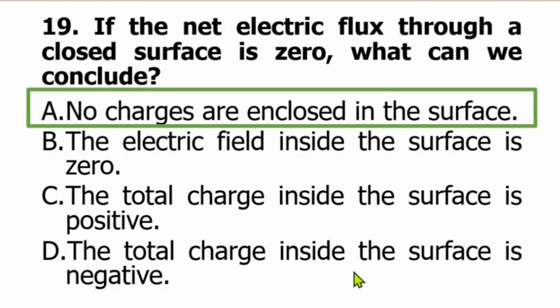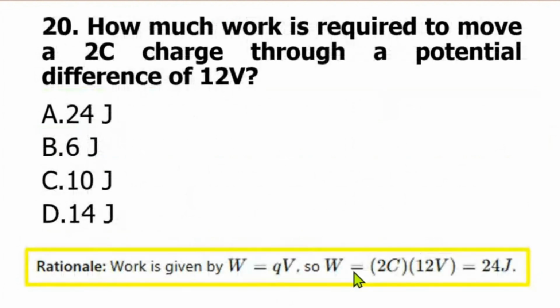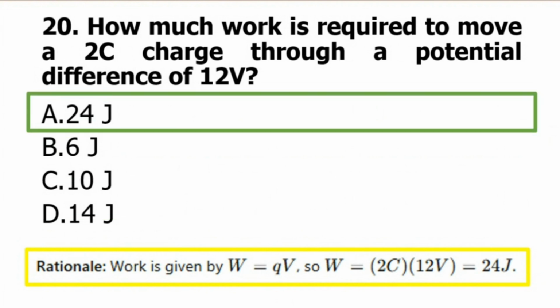Okay, next, number 20. How much work is required to move a 2-coulomb charge through a potential difference of 12 volts? We have already the solution. The correct answer is 24 joules. Whenever we are asked to find the work to move a charge through a potential difference of 12 volts, the equation is that work is equivalent to the charge multiplied by the voltage.